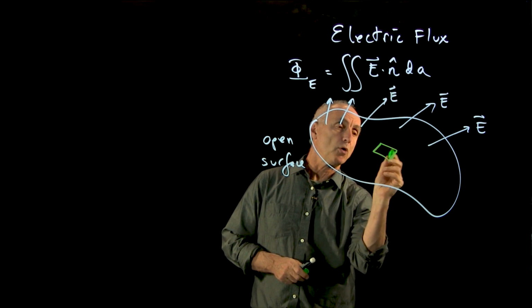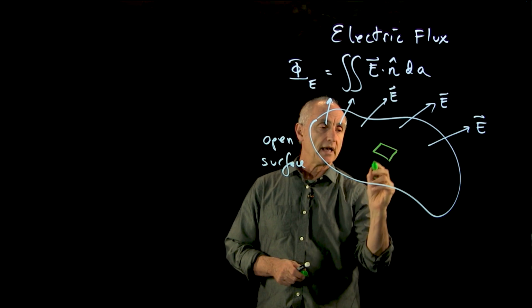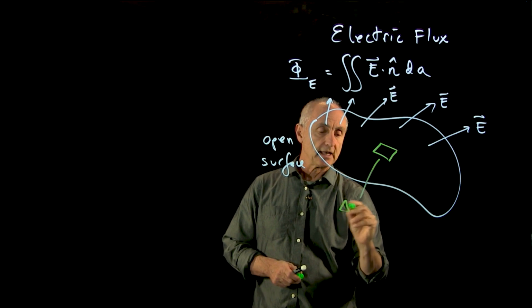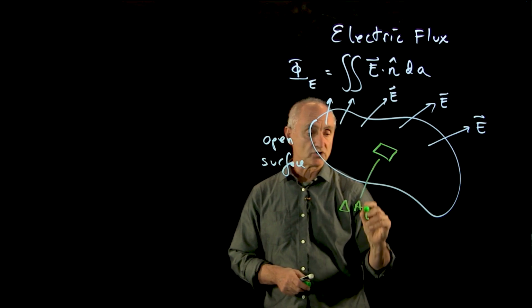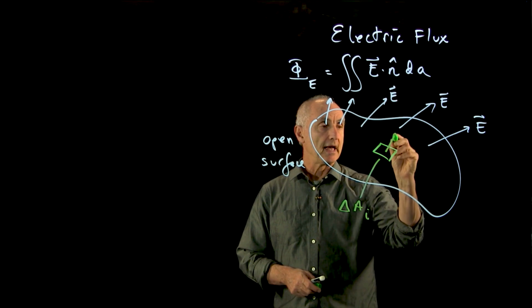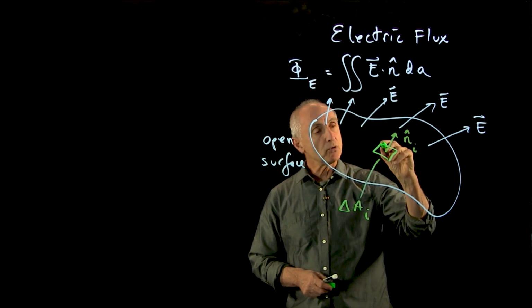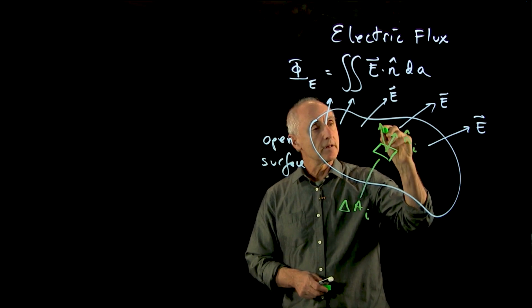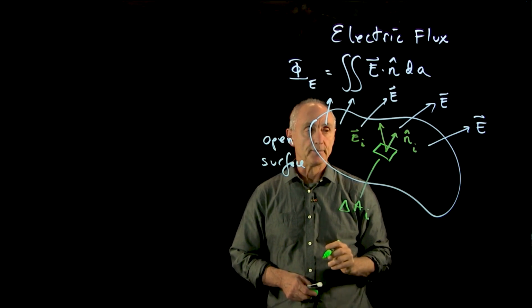So let's choose a small area patch, and I'm going to call this patch here delta A_i, the size of that patch. It's my ith patch. And I have a unit normal, n_i. And suppose on this surface, my electric field is E_i.